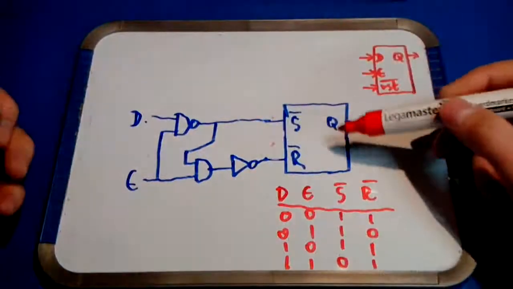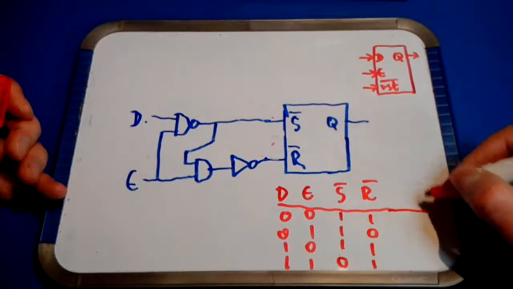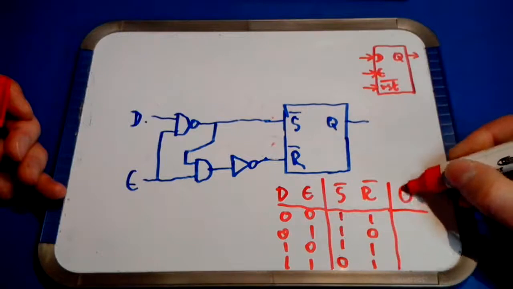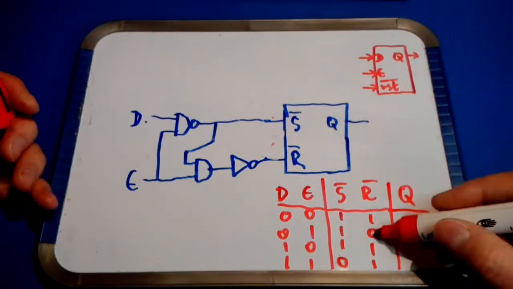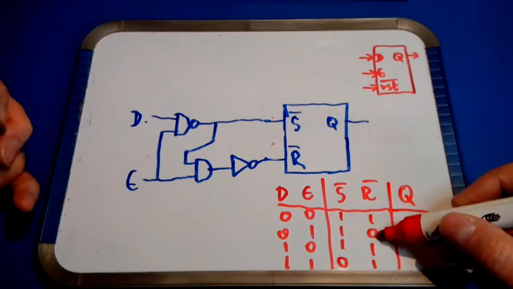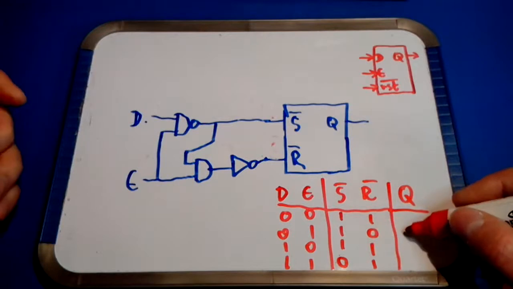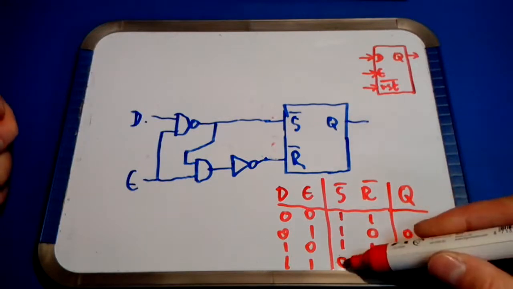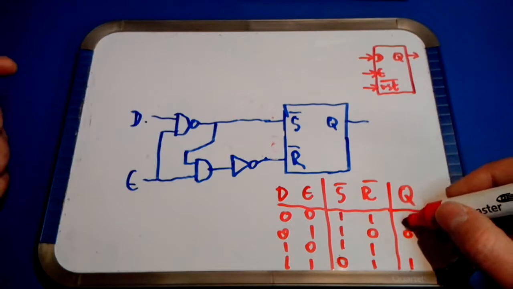If you remember how the SR latch works, there's an output Q, and only when the R over bar or reset input is made active does the Q output change to 0, and only if the S over bar or set input is activated does the output change to 1. In all other cases the output doesn't change.